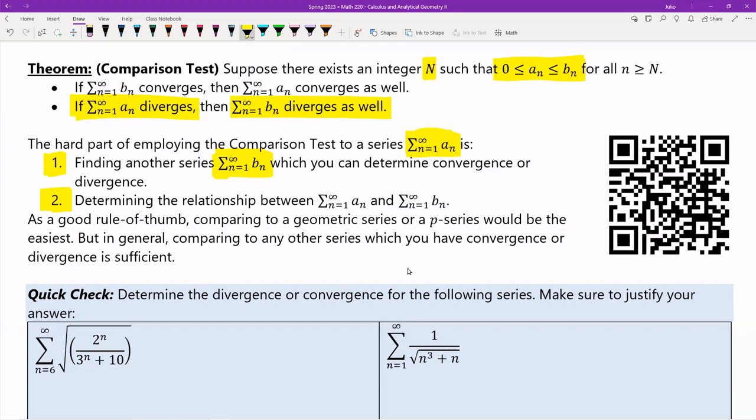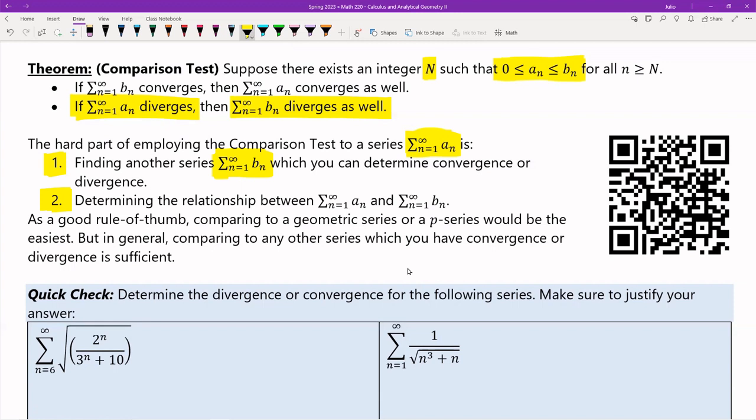To simplify it a little, as a good rule of thumb, a gut instinct you should start to develop, you would want to compare your A sub n series to a geometric series or a p-series. Those two would be the easiest. However, in general, because there is no stipulation for the comparison test on what you can use, you can compare it to any other series for which you have either convergence or divergence information.